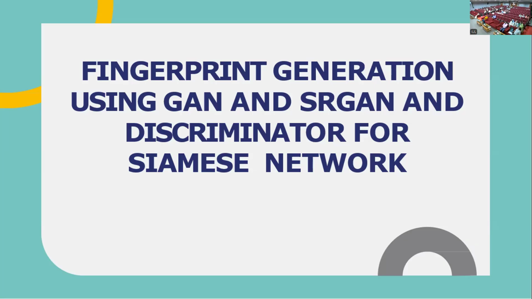Once we generated multiple copies of data for a particular user, we pass them to a discriminator. The discriminator has to discriminate whether it is a real genuine fingerprint or a generated one, the masquerader one, which is false data. For that, we have designed a discriminator using the Siamese network.